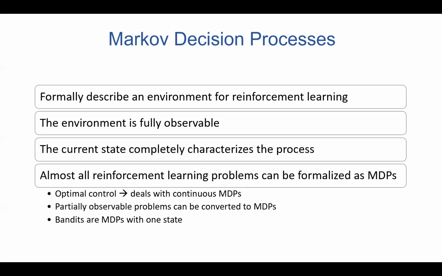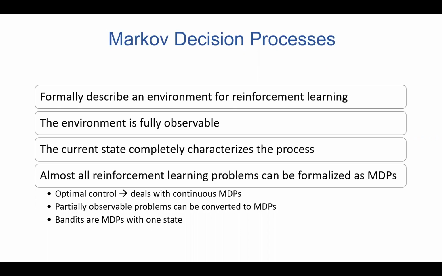So MDP, once again, as I said in the announcement, is the building block, the first step to formally describe the environment for reinforcement learning, because we will talk about the Bellman equation.